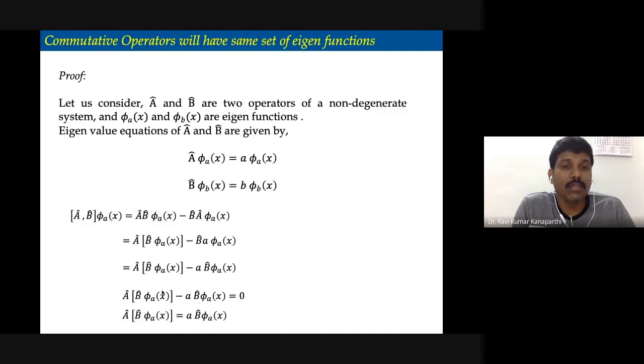What we are trying to do is operate AB and also BA, that is the commutator, upon one of the eigenfunctions, that is phi A of x. Now, AB phi A of x minus BA phi A of x.